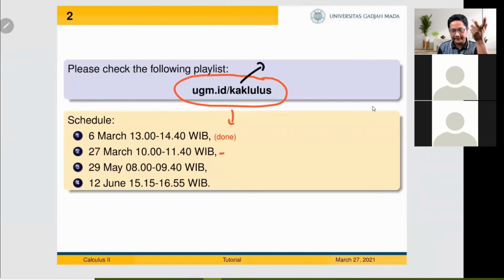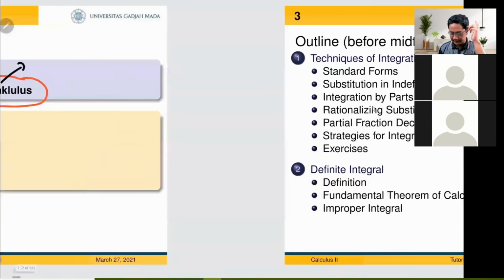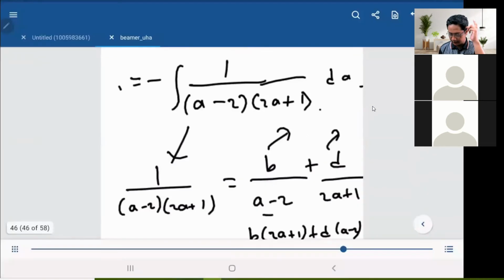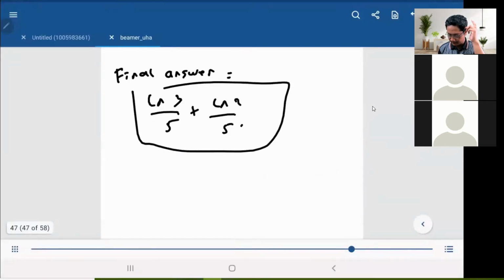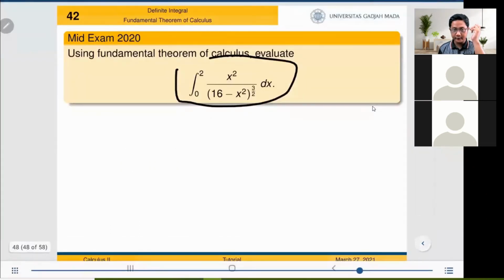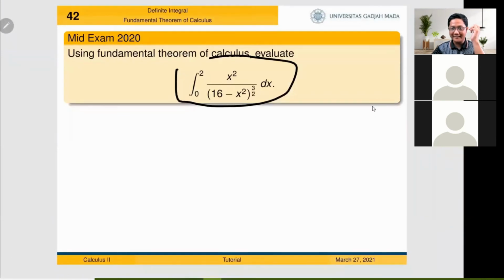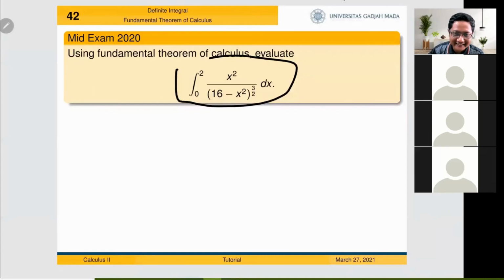When is the exam? Should be Wednesday, right? I forget. Or Tuesday. Hello, anyone here? Are you here? Yes. Okay. When is the exam for calculus 2? Tuesday or Wednesday?